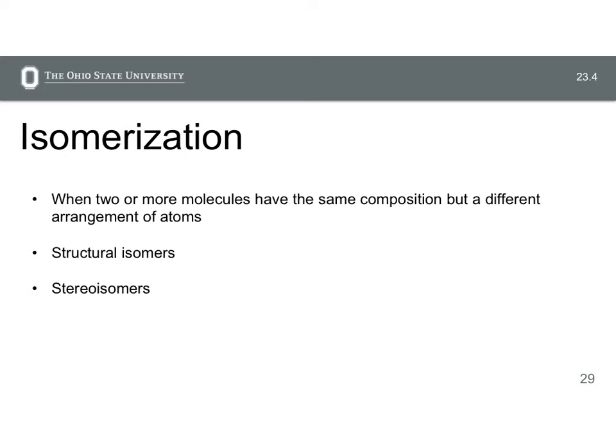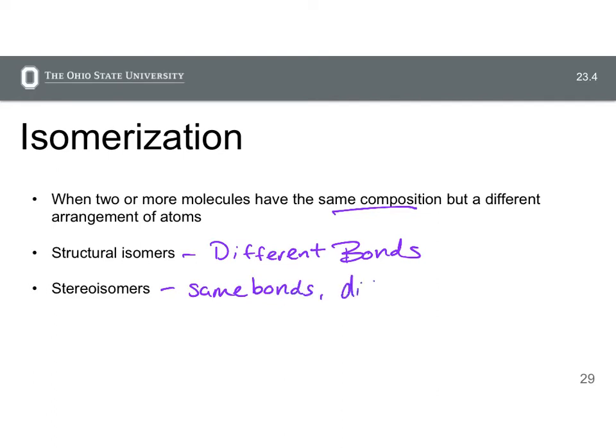All right, so let's get into some isomerization. There's a number of different forms of isomers. An isomer is two or more molecules with the same composition of atoms, but in a different arrangement. We're going to see structural isomers and stereoisomers. Our structural isomers are going to have different bonds, and our stereoisomers are going to have the same bonds, but a different arrangement.